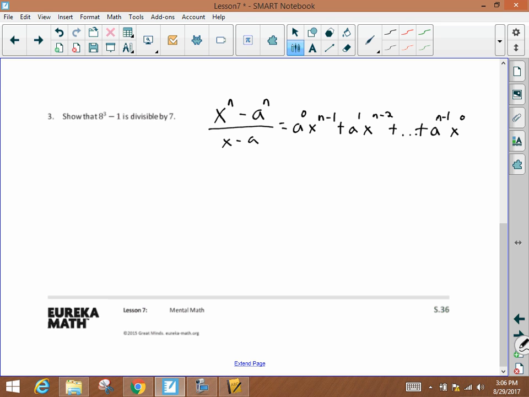Well, we can rewrite that in another way, right? We can multiply both sides by x minus a, and we get this equivalent formula that says that we can express this as two factors. The one factor is simply x minus a, and the other factor is all of this other fun stuff over here, this expression.